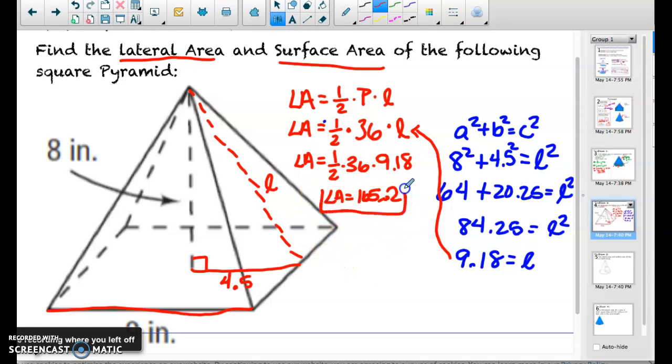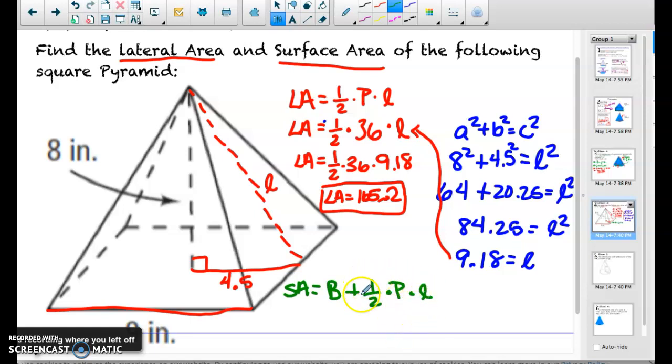Now we have to find the full surface area. So I'm going to write down my surface area formula. Surface area I know is going to be the base area, and I add to that the 1/2 times the perimeter of the base times the slant height.